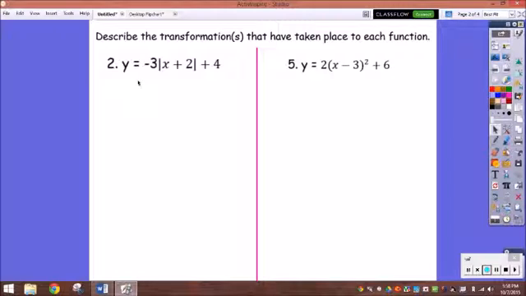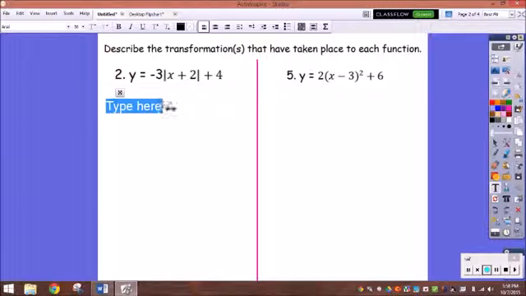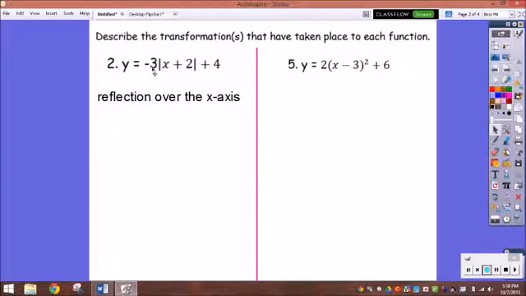And the way you know the difference is if the negative is outside of the parent function, like this one, that's a reflection over the x-axis. If the negative was inside, like beside this x here, that would be a reflection over the y-axis. So this one is a reflection over the x-axis. Okay?